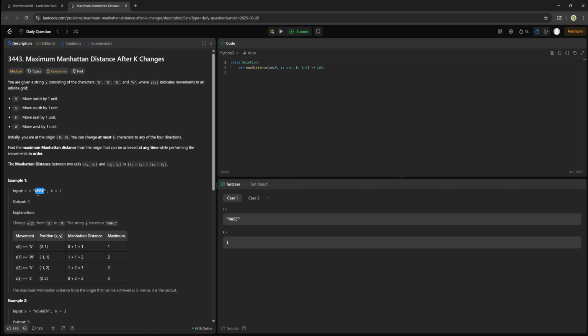For the example problem, we're getting north, west, south, east, so just 1 in each direction, and we can change 1 of the directions. So the max Manhattan distance after changing one of the directions is 3.